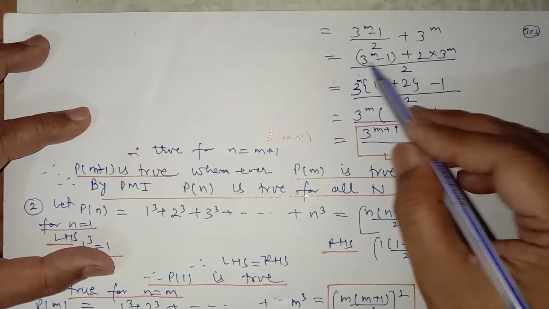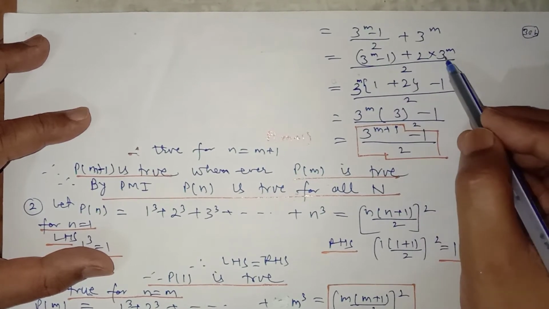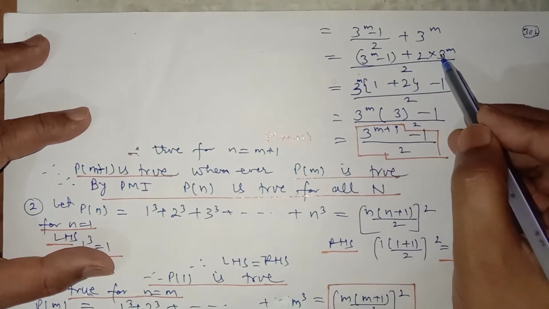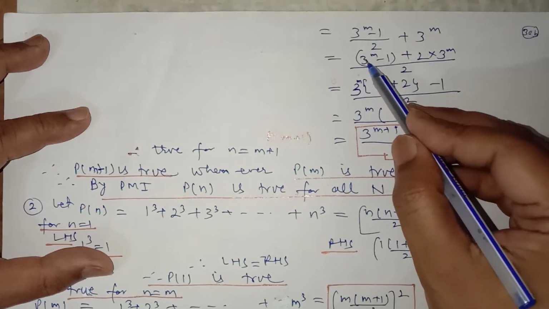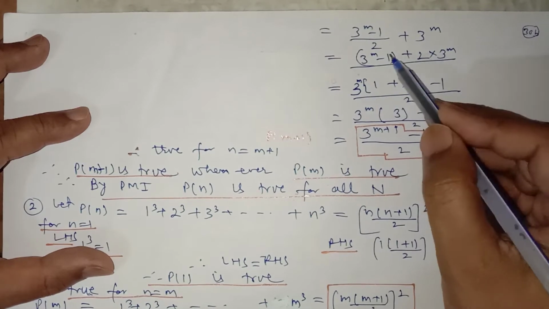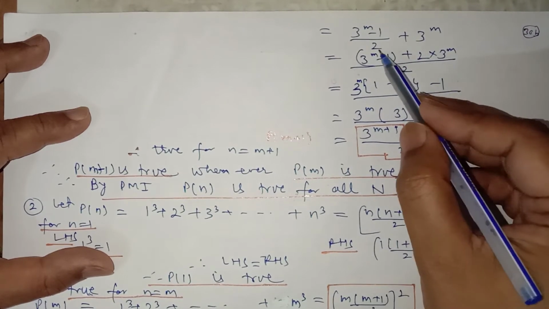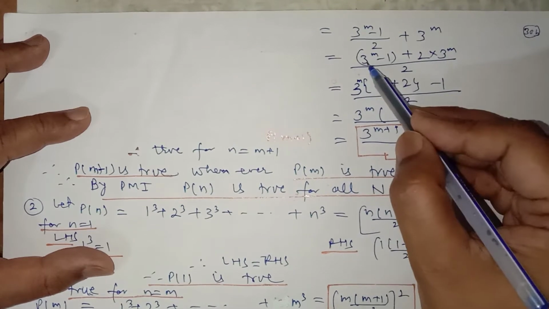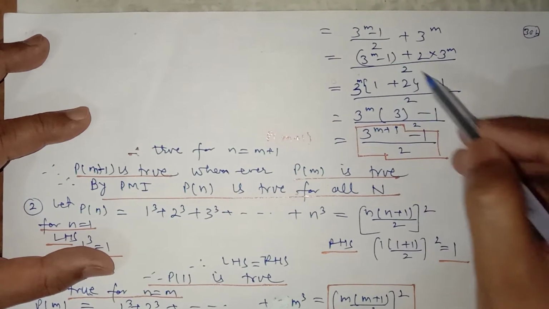So you can add these two, or you can take 3 raised to power m common in these two terms. So it will be 1 plus 2 and minus 1 as it is.